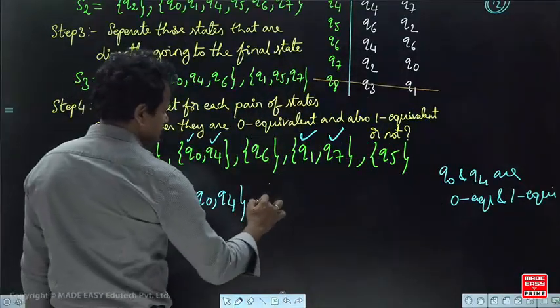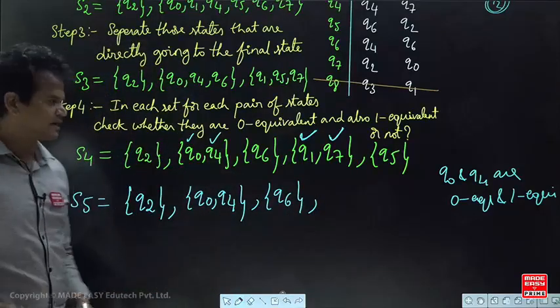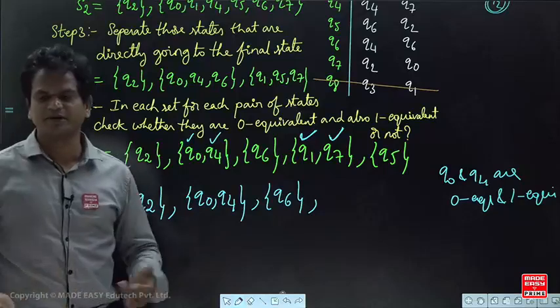And look at this one. Q6 is single, so you cannot separate further. Q2 is single, you cannot separate further.